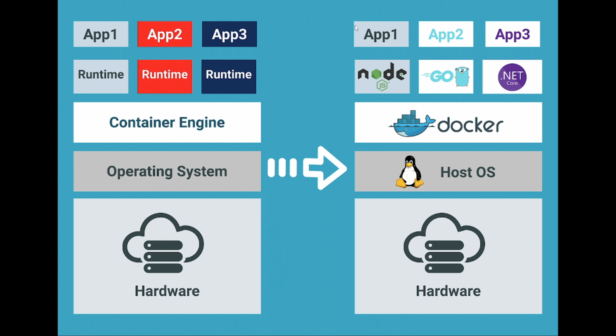So you can see we have app1, app2, app3. Your app1 is running on Node, your app2 is running on Go, and your app3 is running on .NET. But you can see you have one hardware. Hardware means your server, your machine, your development machine, whatever you are working on, or any environment you have deployed your application.